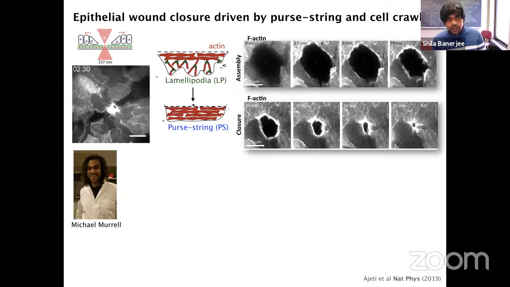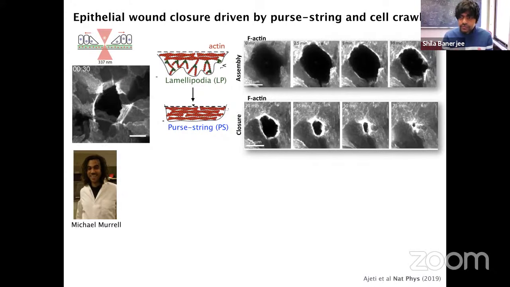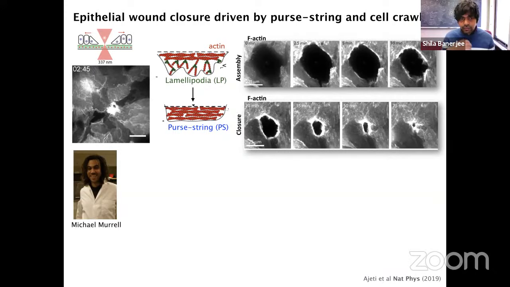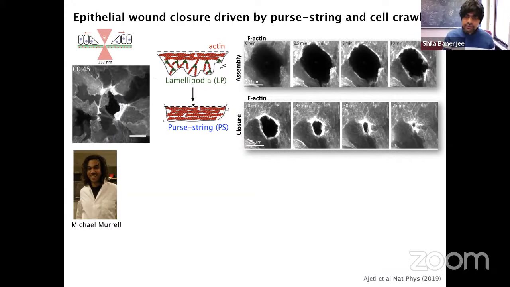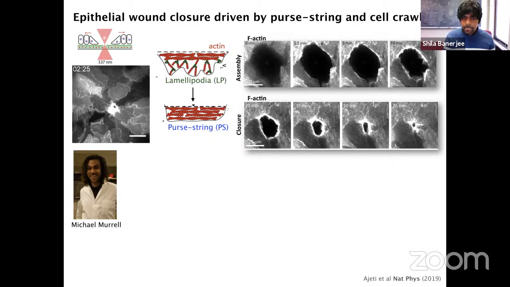And here, like in the previous case, closure was driven both by lamellipodial migration and actomyosin purse string. What happens here is that the cells initially start to crawl and actively migrate, and then over longer times, they transition into a purse string type mechanism of closure, okay?